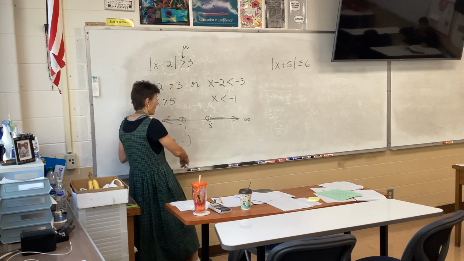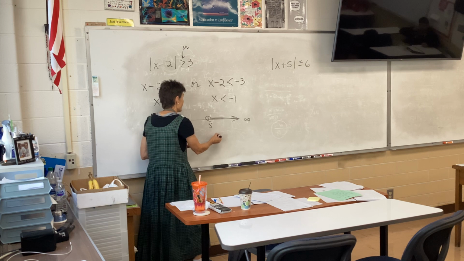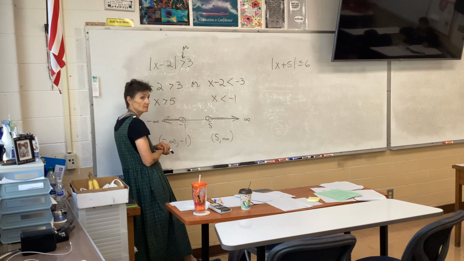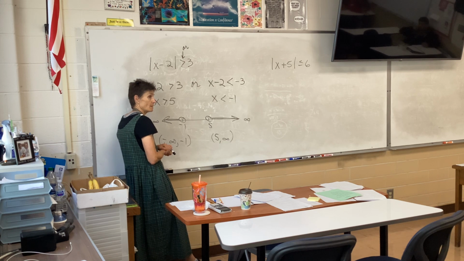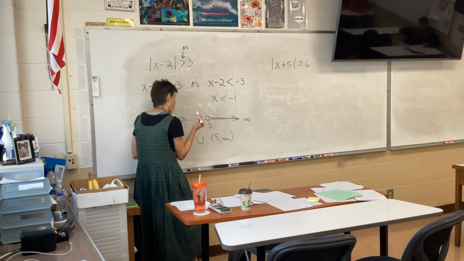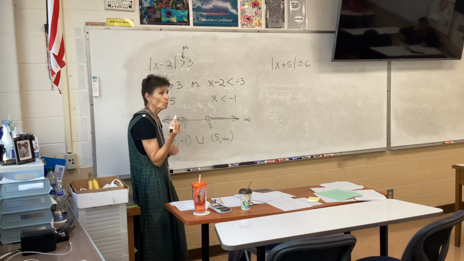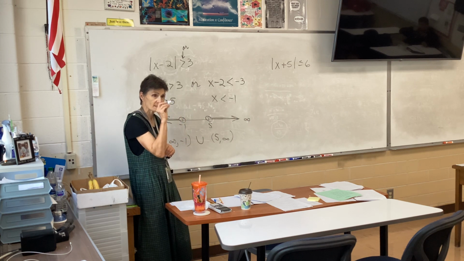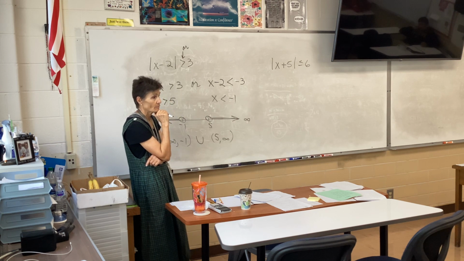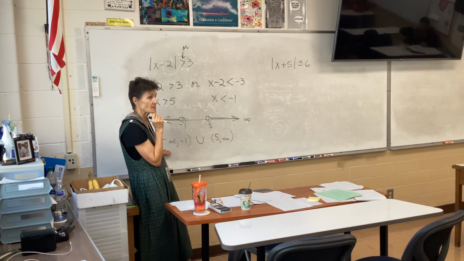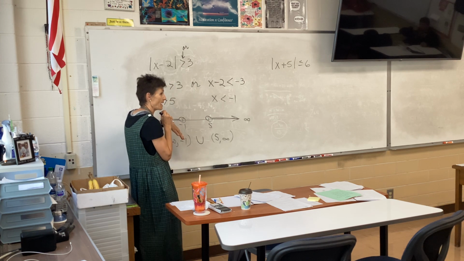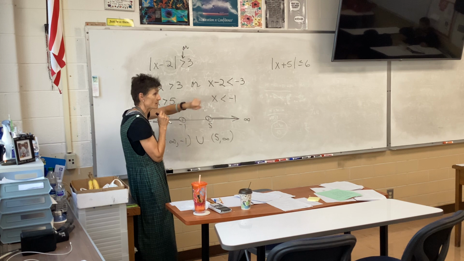Yeah. And then this piece is the same thing, but it's 5, positive infinity. And then since it's an or, we put our mathematical or symbol in there, which is the union symbol, or the U. And this is what you would write in the answer blank. So there's a lot of steps to that. We're gonna go through them again with this one.